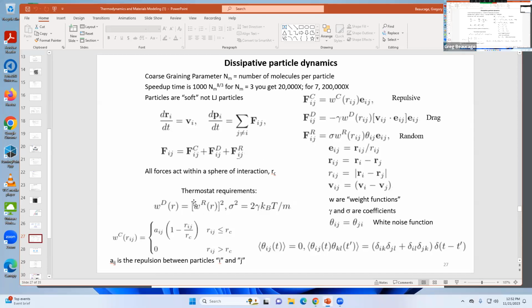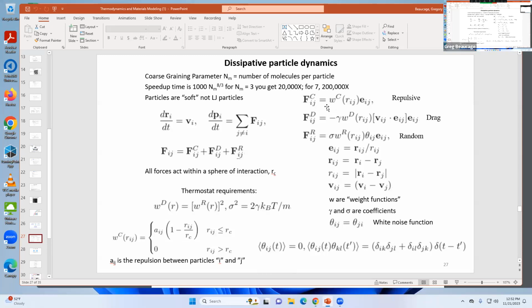And the conservative is basically a spring constant kind of function here someplace. Then the dissipative is a drag coefficient thing. So it's like the velocity times a drag coefficient, more or less. You have the velocity v_ij times a kind of drag coefficient that has some spatial dimension to it.